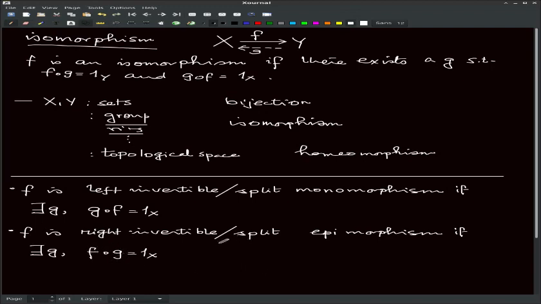So you can see it's an isomorphism if and only if it is both a split epi and a split mono. For the last one, the identity should be on Y. Yes, correct. Thanks.